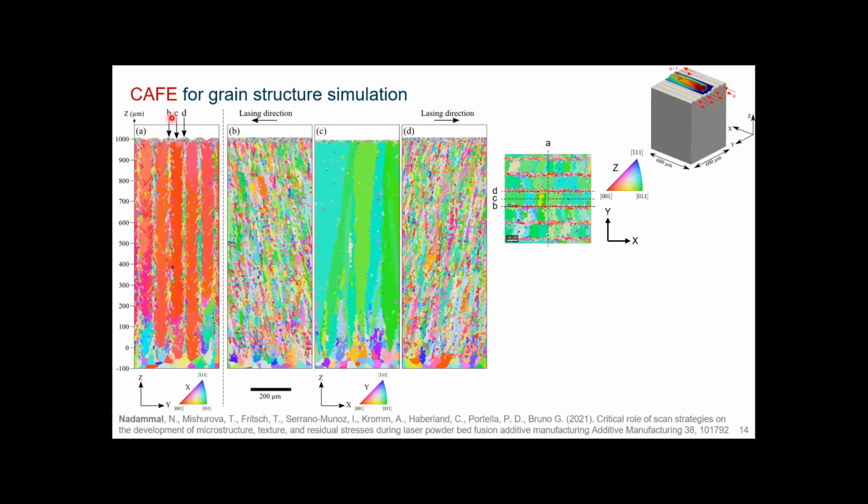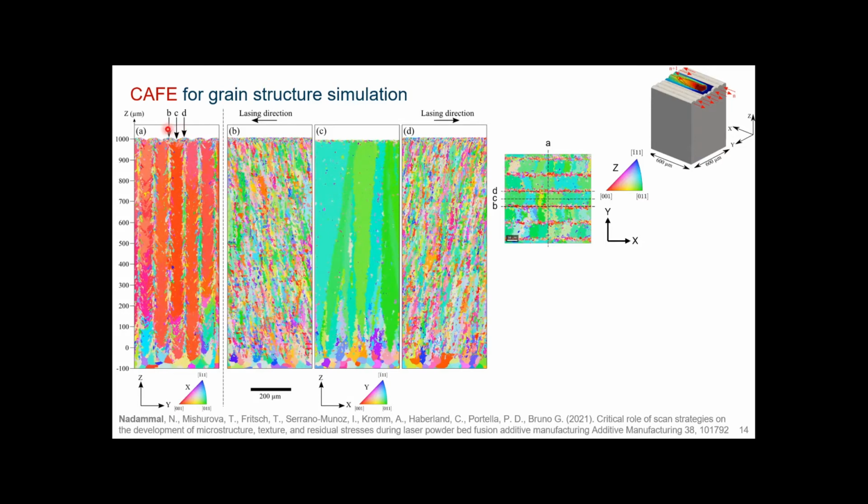But if you do a cross-section, the C cross-section in between two tracks, for instance, and this is very coarse grain structure you have here that is very green, and so it means you have a 1,1,0 or 0,1,1 texture of the material.